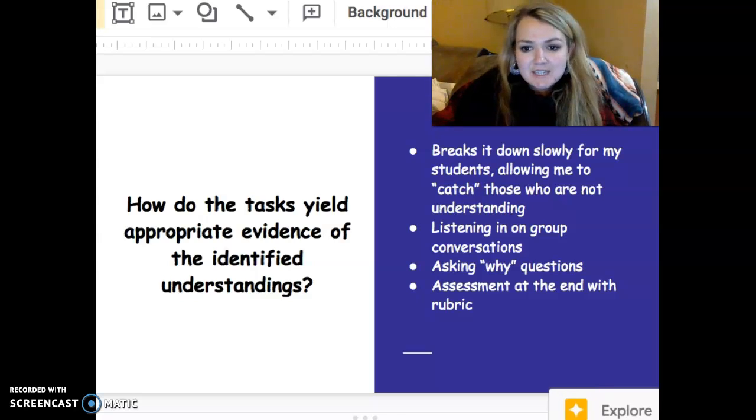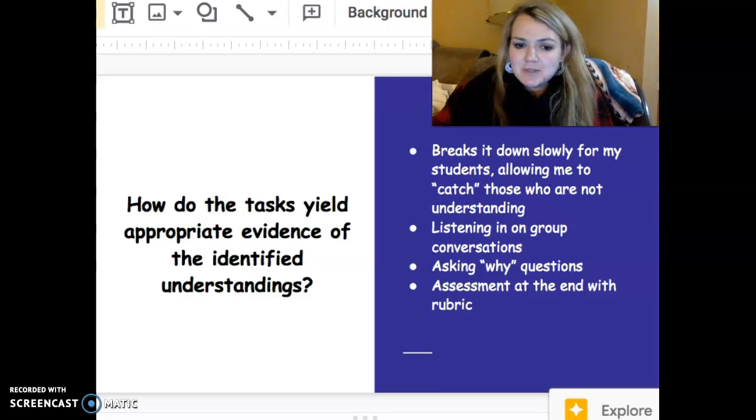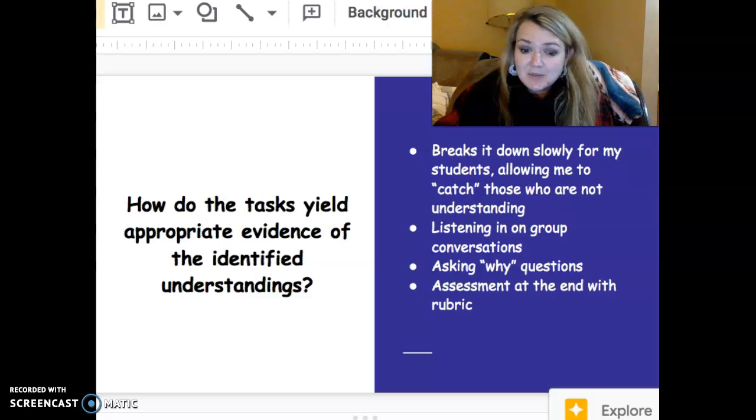The first question I answered was, how do the tasks yield appropriate evidence of the identified understandings? And so how I took this was, how do I know that my kids are understanding what I'm teaching? First, I can tell that they're understanding by breaking it down slowly for my students.